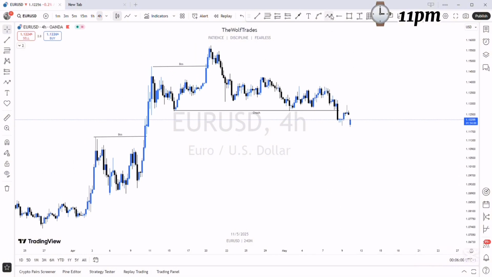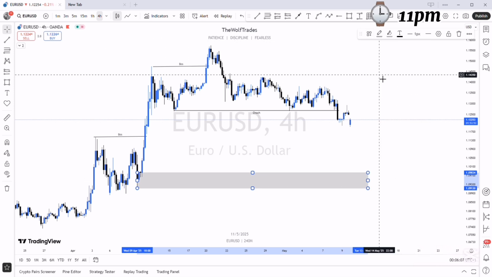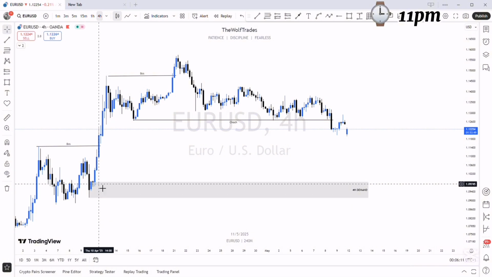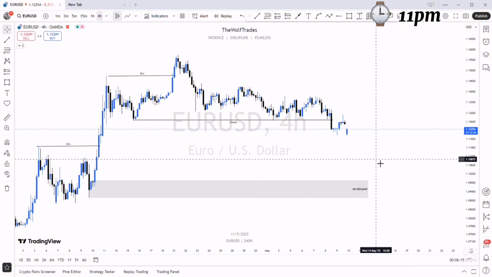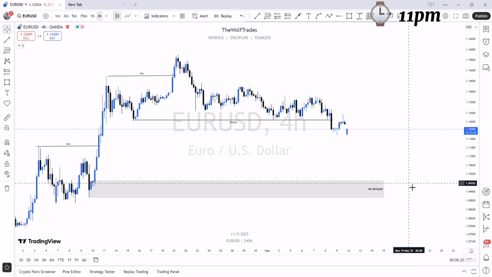So I'm looking out for price to come to this H4 demand zone for the whole week. I'm just waiting for price to get to that zone, and yeah.